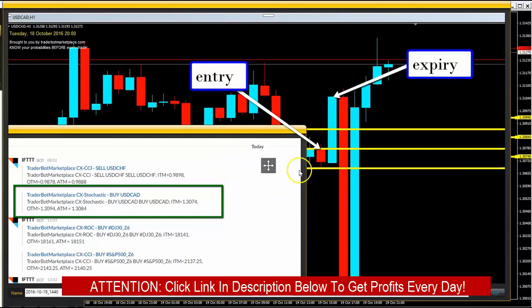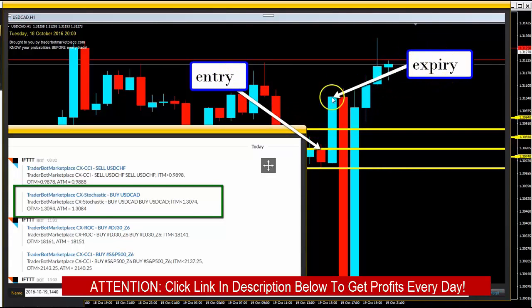So if they're 2-hour trades and it comes out at the open of the bar, it always comes out at the open of the bar. Maybe at 8:02. It comes out at the open of the bar, and it has 2 hours till expiry. So this bar and this bar are the two bars that we're concerned about. At the end of this bar, it expires. So here is the entry at the open of the bar.